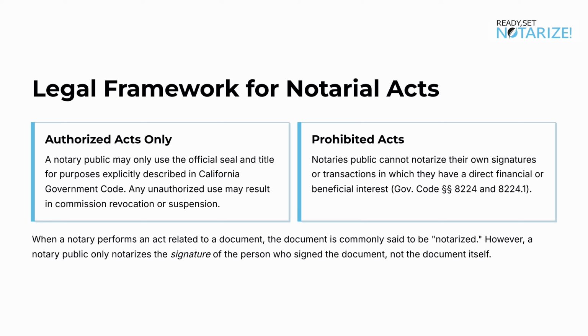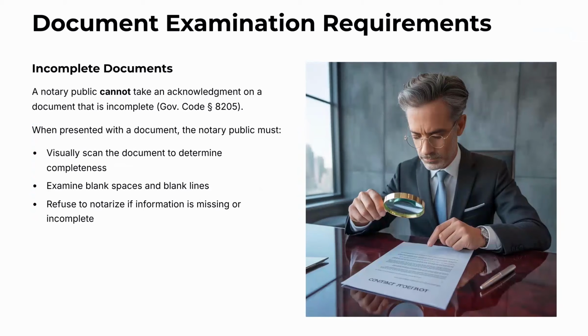However, a notary public cannot notarize his or her own signature, or a transaction in which the notary public has a direct financial or beneficial interest. California Government Code, Sections 8224 and 8224.1.